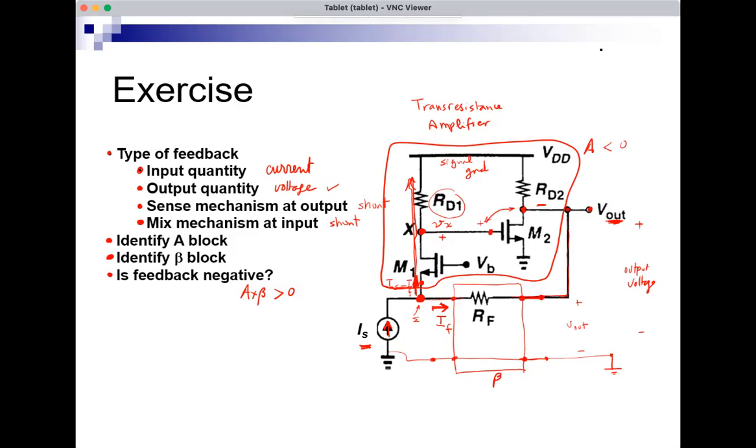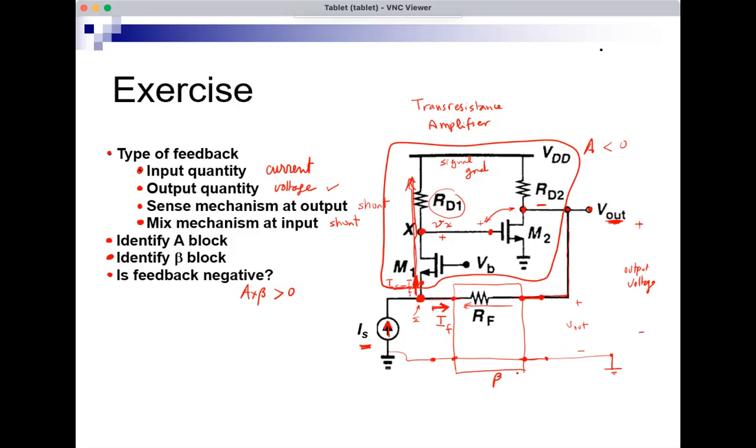All right, so for the feedback to be negative now, I need to show that beta is also negative. Beta is the feedback quantity IF divided by V out, divided by the output. And if you look at the circuit, V out is plus minus like this, and V out produces a current like this in RF, but IF is in the opposite direction.